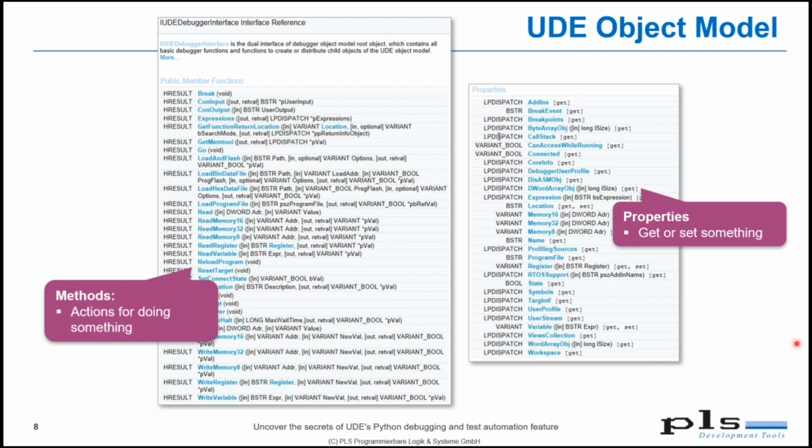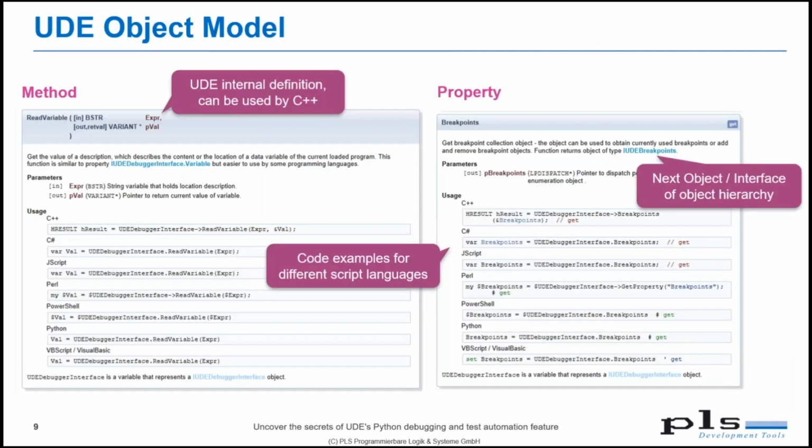This is two screenshots taken from our help system, so you can see that all of our objects in the object model, all the functions and also the properties are well documented. You can click on a function or a property on this blue text to get more detailed information on how the definition looks. This is given in a generic form.